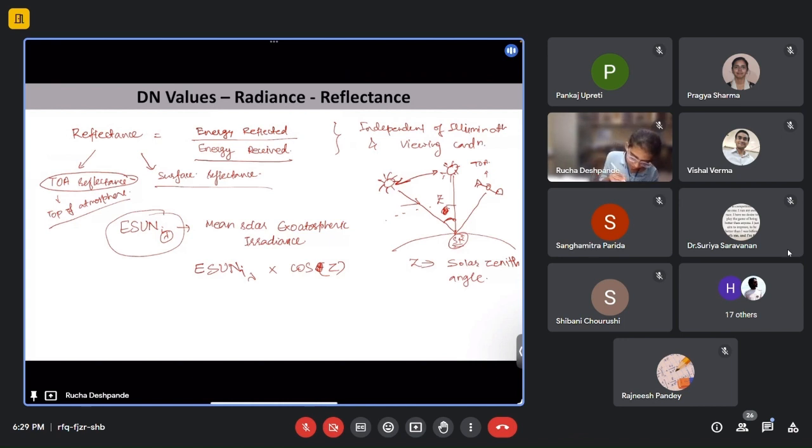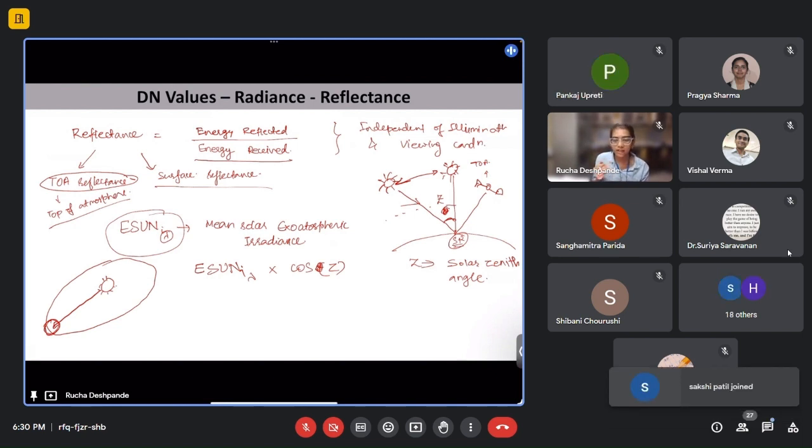So this is the sun, and we know that the Earth's orbit is not circular; it's elliptical. Throughout the year, the distance between Earth and Sun keeps changing. Depending on this distance, this mean solar exoatmospheric irradiance will also change.